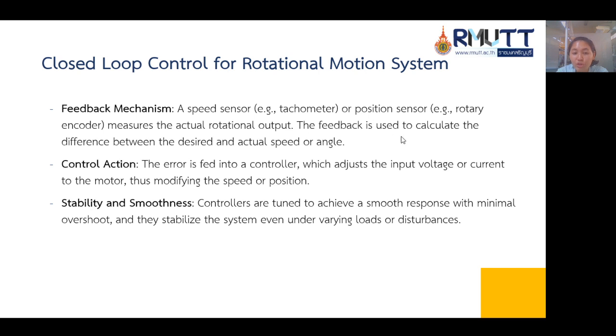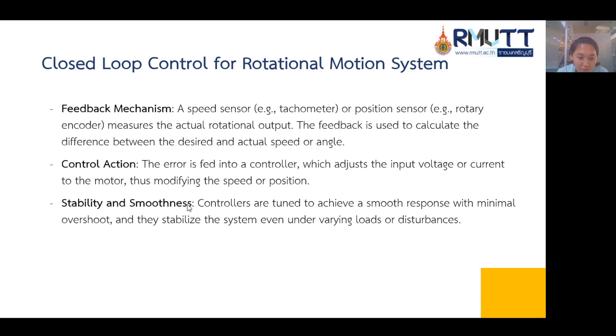The feedback is used to calculate the difference between the desired and actual speed or angle. For the control action, the error is fed into the controller, which adjusts the input voltage or current to the motor, thus modifying the speed or position.